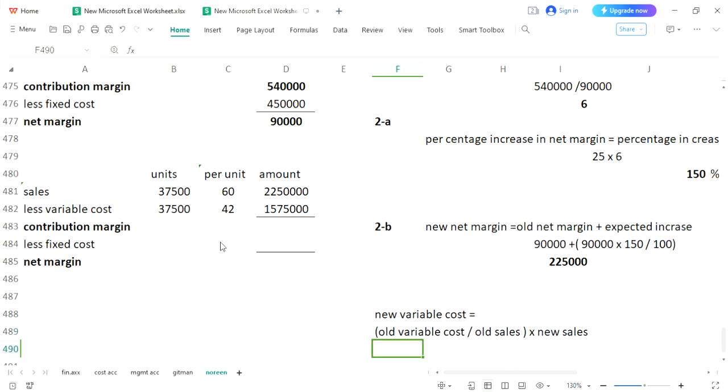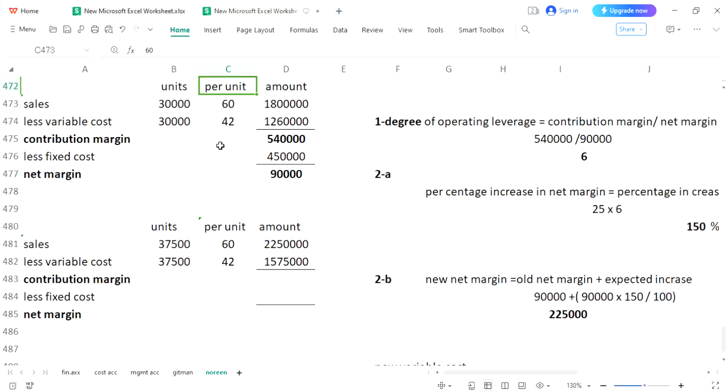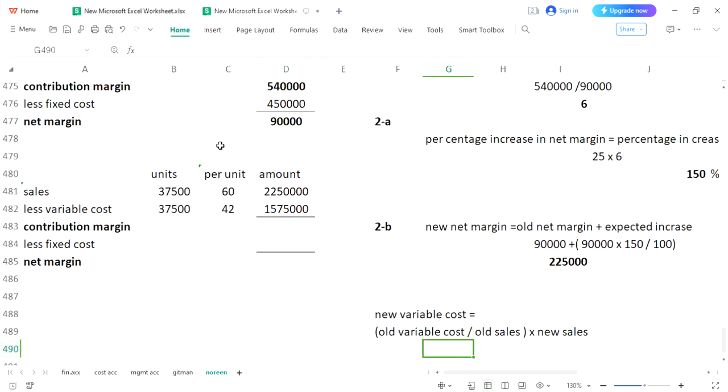Old variable cost was 12 lakh 60,000. You will divide it with 18 lakh and then multiply it with 22 lakh 50,000. Since per unit was available, we directly calculated. Keep in mind, both options are available for you to calculate new variable cost.